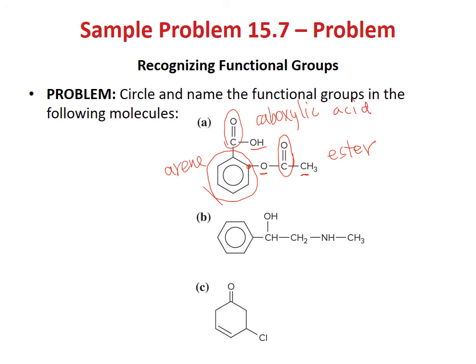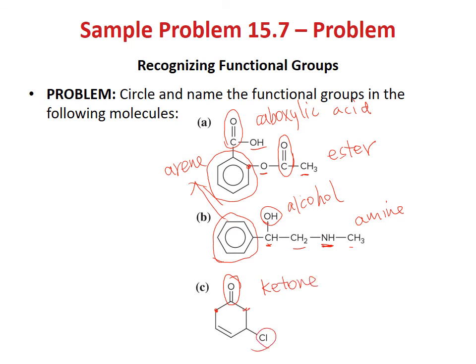Next one, we see a hydroxy connected to carbon. There's no CO double bond, and that's an alcohol. Here is a nitrogen connected to carbon with no CO double bond, so that's an amine. Again, there's a benzene ring. Next one, CO double bond, both sides are carbon atoms, so this is a ketone.